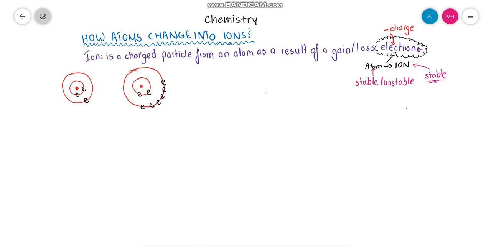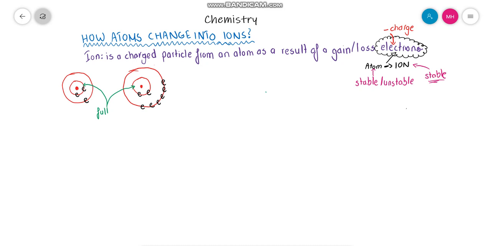You can see something similar. Their inner shell is full, it cannot take in any more electrons.